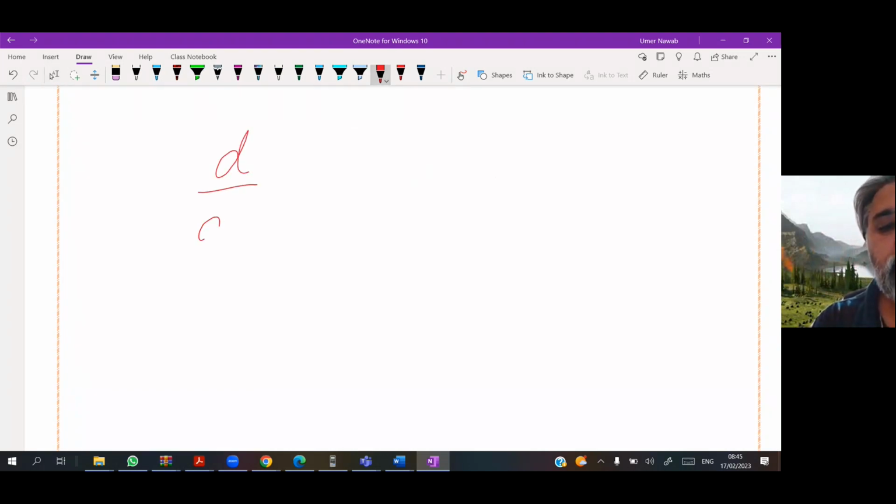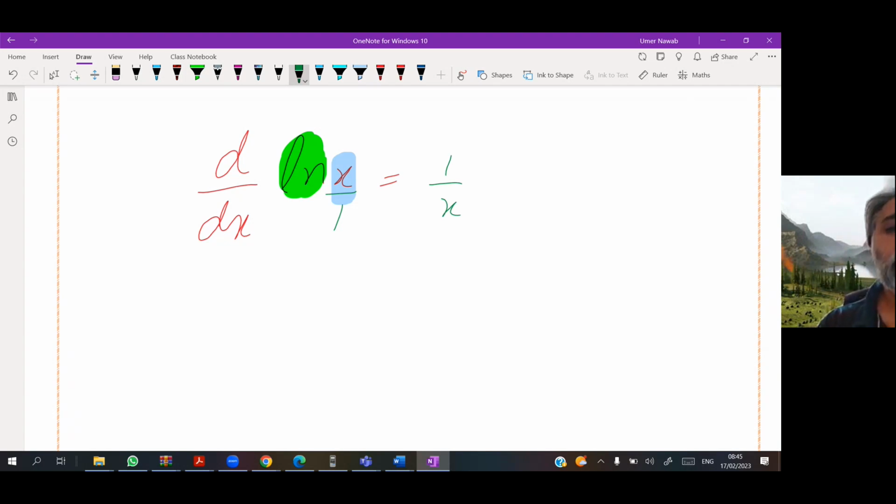Whenever I want to find the derivative of natural log, I need to reciprocate my argument. It is x over 1, I have to write 1 over x. So this is the differentiation of ln of any argument. Whatever the argument you have, you just reciprocate it. Further, the derivative of x is 1, we don't write, and then the final answer is 1 over x.